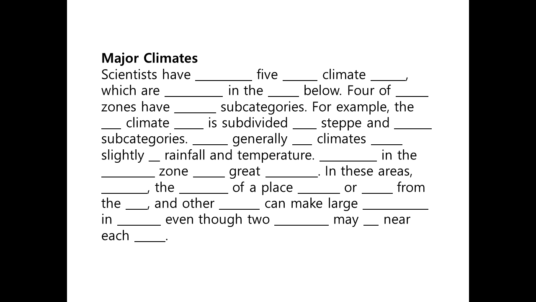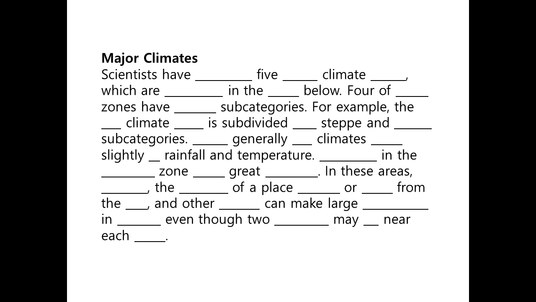Scientists have identified 5 major climate zones, which are described in the chart below. 4 of these zones have several subcategories. For example, the dry climate zone is subdivided into steppe and desert subcategories. These generally dry climates differ slightly in rainfall and temperature.